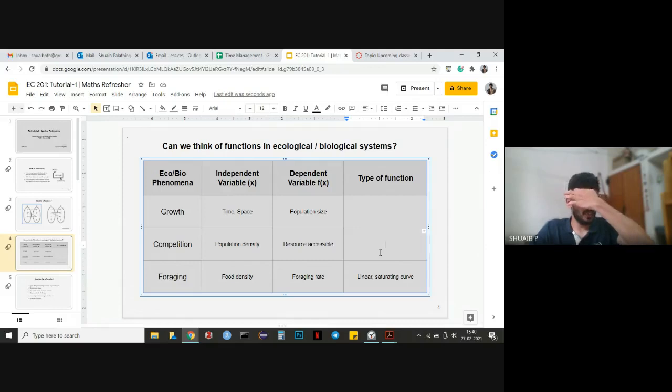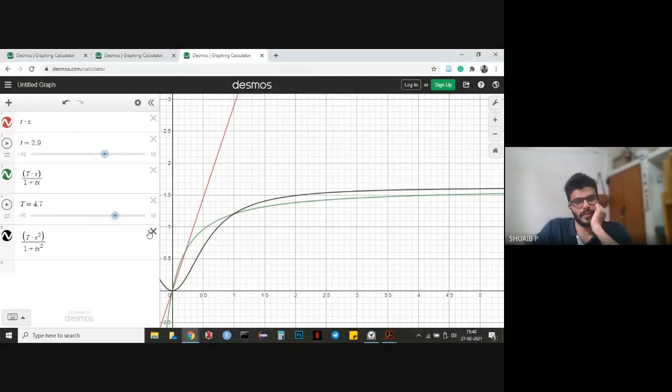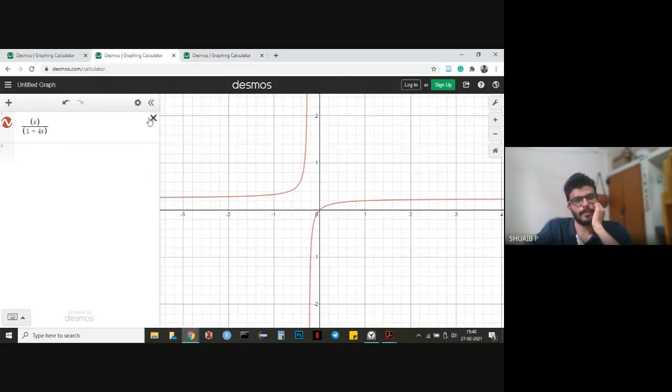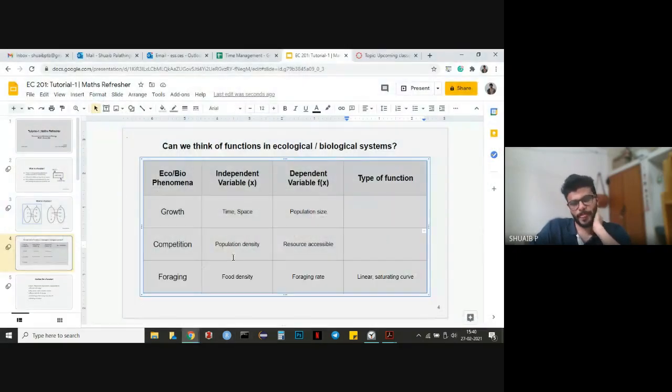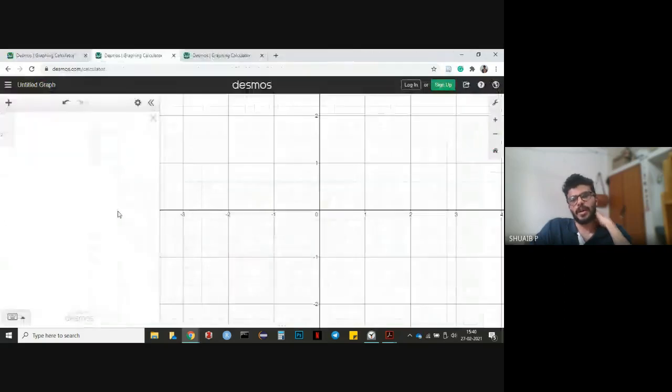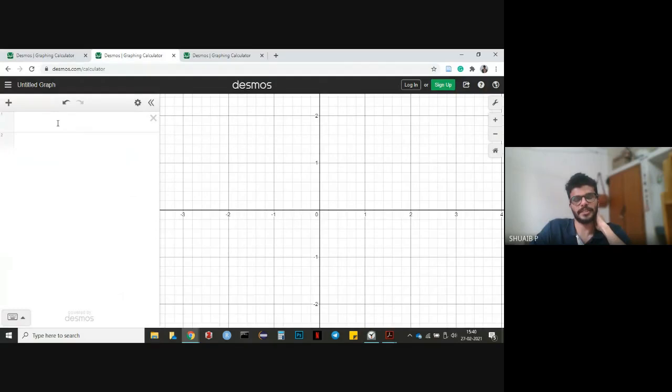So now we think of competition. As you saw this functional form, if population density is the independent variable, how would you expect the resource available to change with population density?